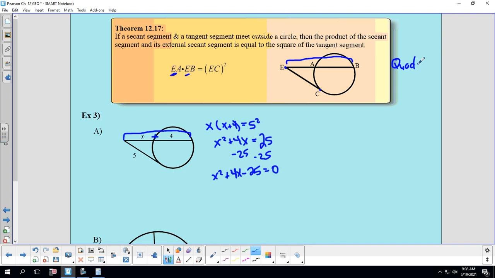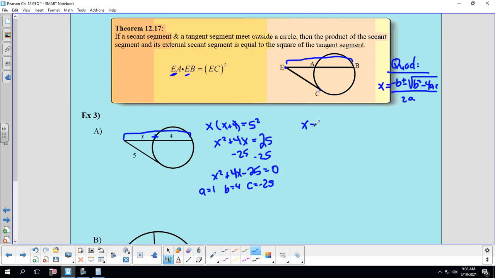The formula is negative b plus or minus the square root of b squared minus 4ac, divided by 2a, where a is 1, b is 4, and c is negative 25. So we're going to throw that into this formula.